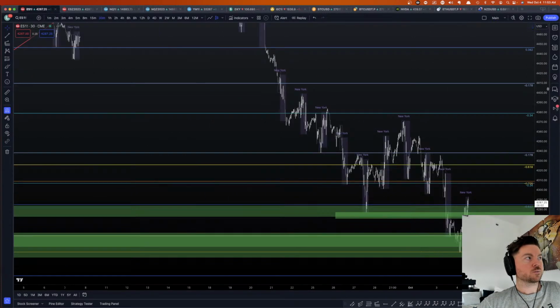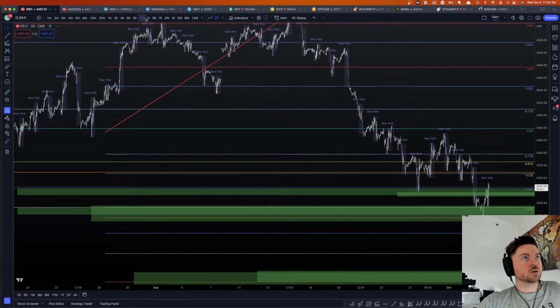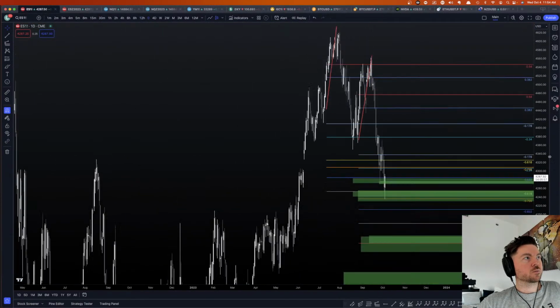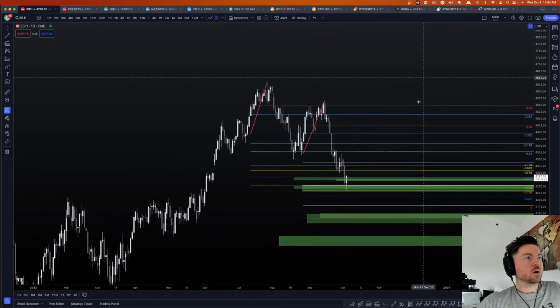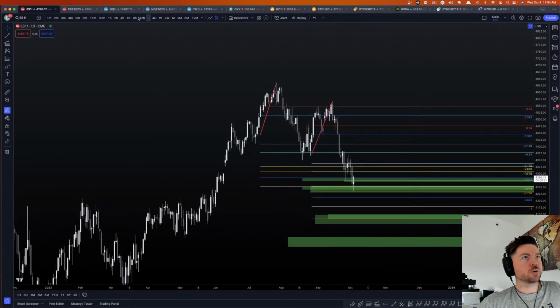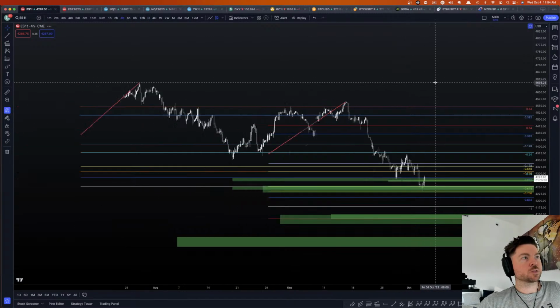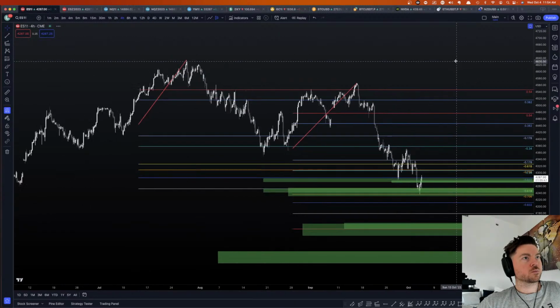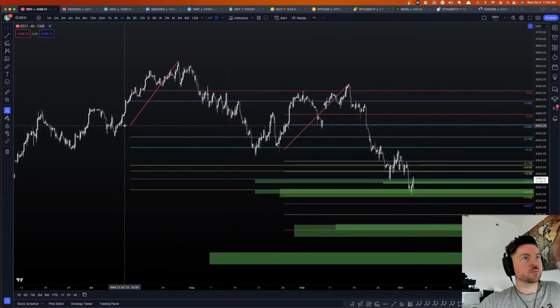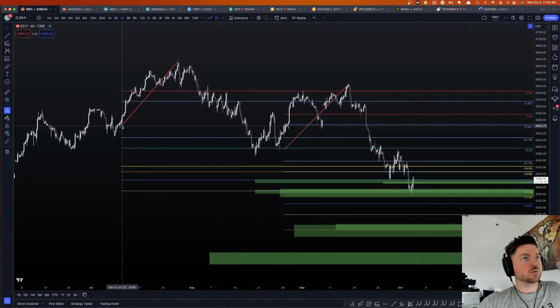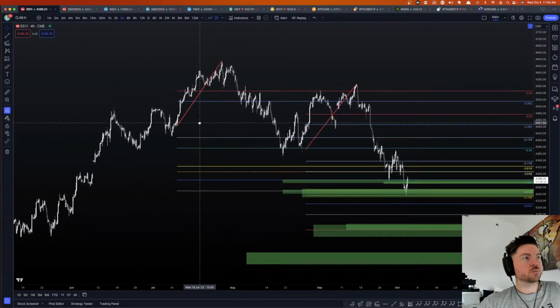ES1, let's look on a daily. These were levels I marked out last stream, last Wednesday. So we had this scalp pull here, again looking for something that's getting respected like that, and using this momentum here.